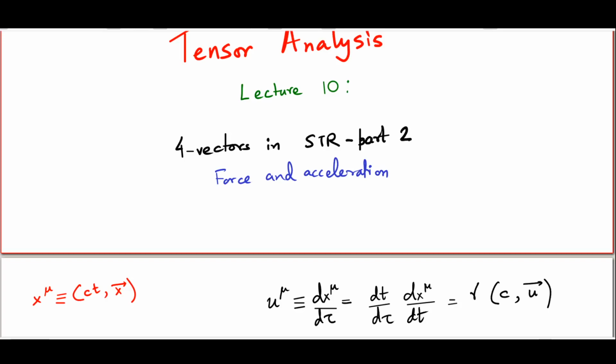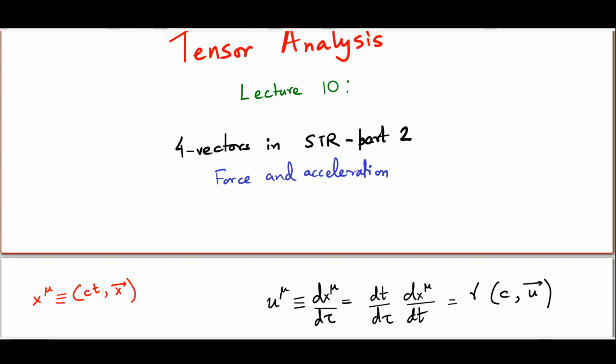In order to get a 4 vector, what you need to do is differentiate x^μ with respect to the proper time τ. So u^μ, the 4 velocity, is defined to be dx^μ/dτ, which from elementary calculus is equal to dt/dτ times dx^μ/dt. dt/dτ is our familiar factor gamma, 1 over the square root of 1 minus u squared by c squared.